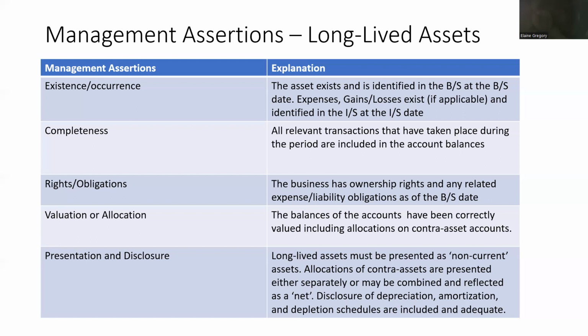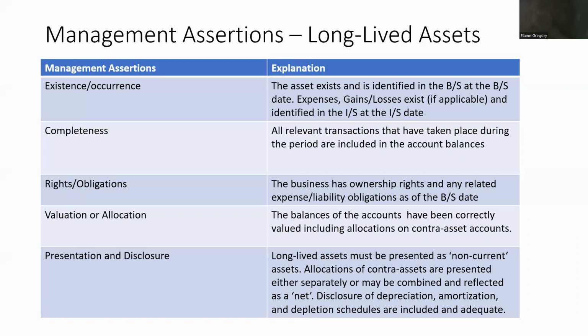We also want to know that the balances in the accounts have been correctly valued and that costs have been correctly allocated to those contra asset accounts. And we want to make sure that long-lived assets are presented as non-current assets in the financial statements.